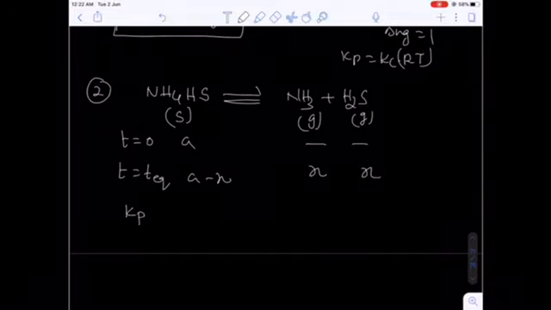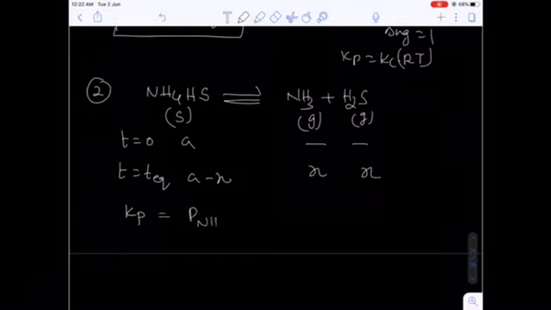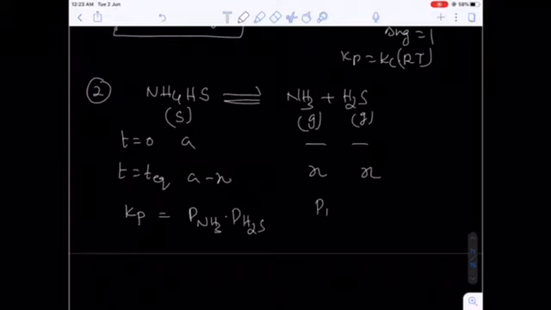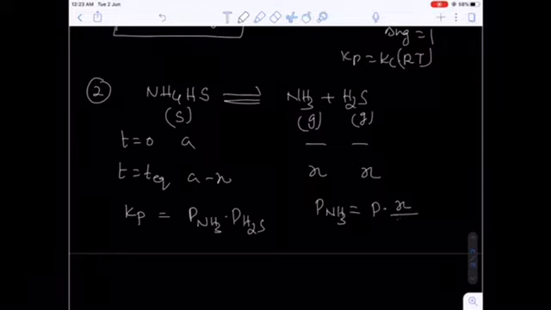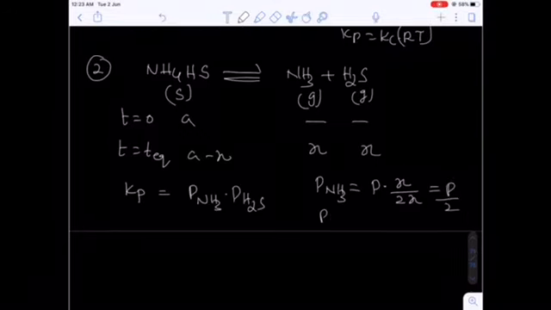Here we can directly write the Kp expression. Kp will be equal to the partial pressure of ammonia multiplied by the partial pressure of H2S. What is the partial pressure of ammonia? That is the total pressure into mole fraction. Mole fraction is given moles by total moles. Total moles X plus X, 2X.